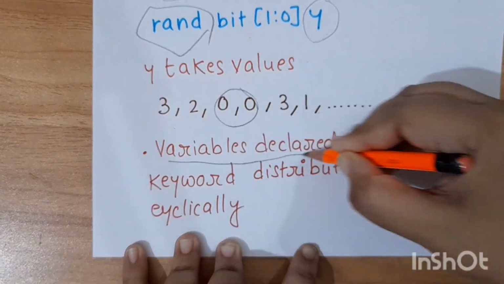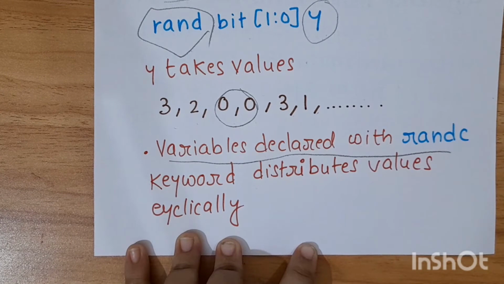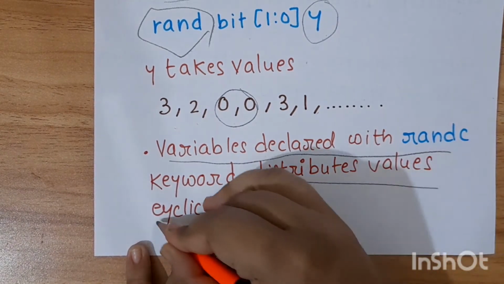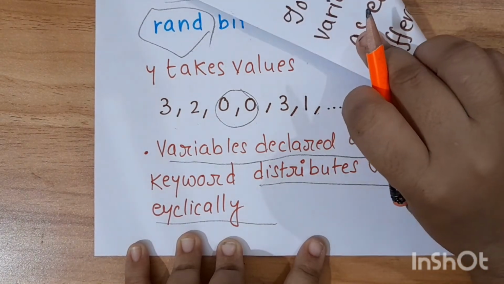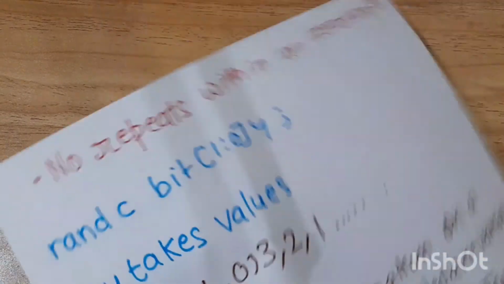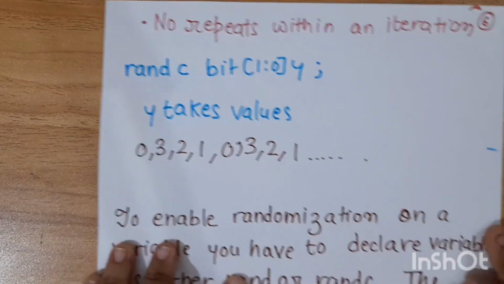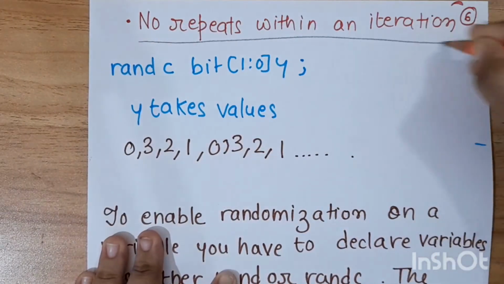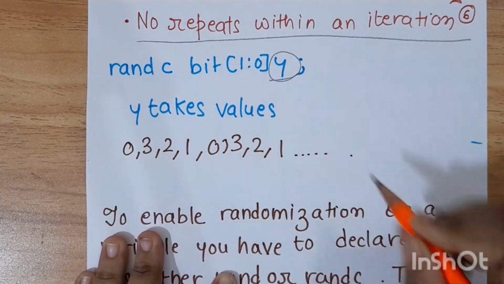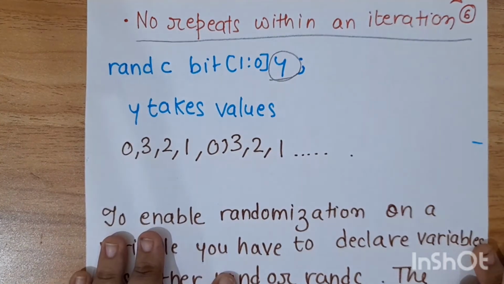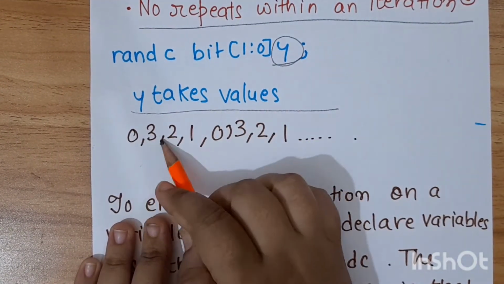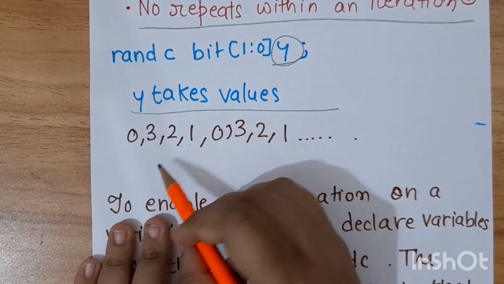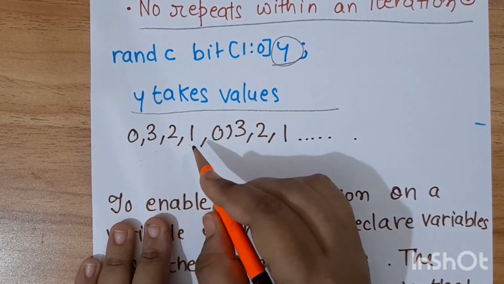Now variables declared with the randc keyword distribute the values cyclically. Cyclically means what? Just see, there is no repetition in the y value in an iteration. Means y should take the value, first it will take the value 0, 3, 2, 1. There is equal possibility for 0 coming, 3 coming, 2 coming, 1 coming.